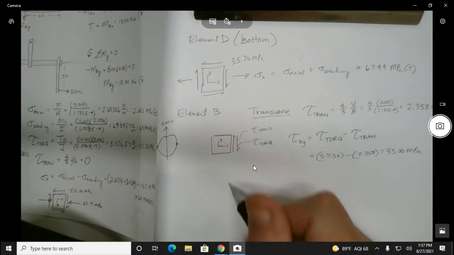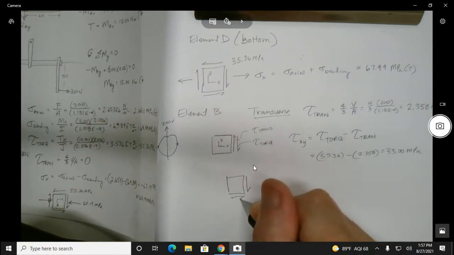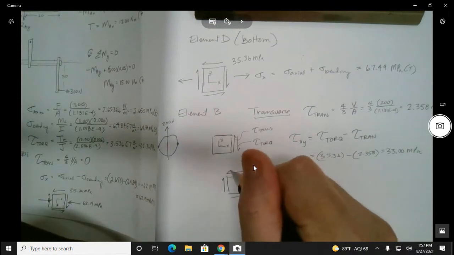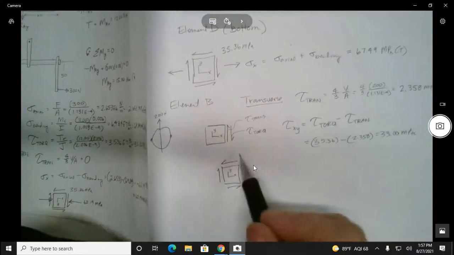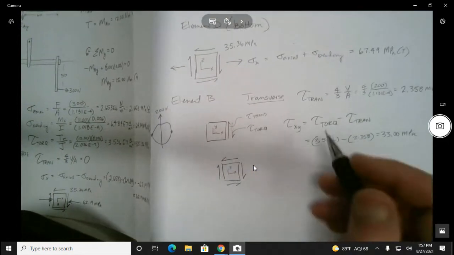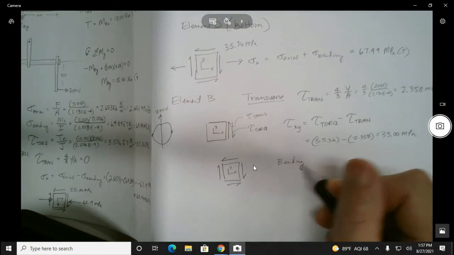Right? So when we get to this part right here, we can go that way, that way. And this is going to have a different bending than the other. It's going to have the same axial, but the bending is going to be different because there's a different moment.